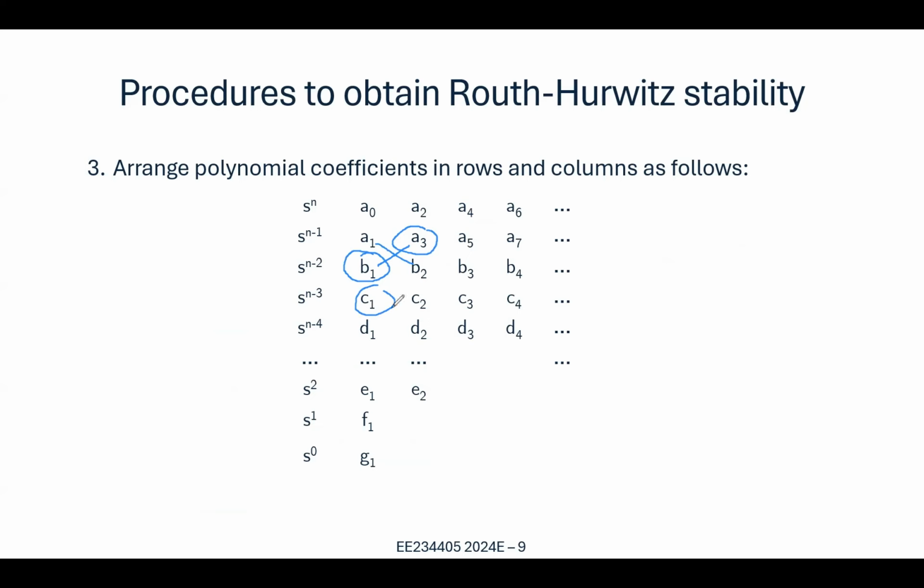If we want to calculate C2, it would be B1 A5 minus B3 A1. If we want to calculate C3, it is B1 A7 minus B4 A1, and so on.